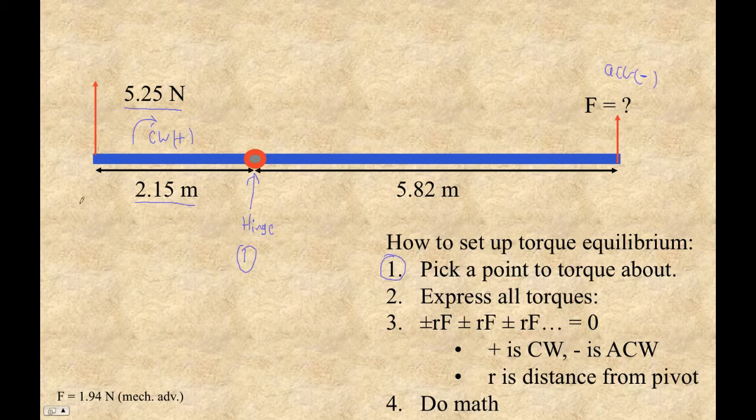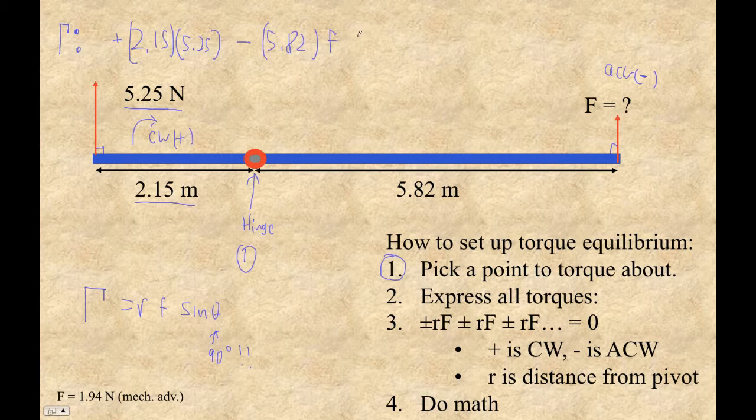So when we set this thing up, remember, torque is RF sine theta. These thetas are both 90 degrees, so the sine of 90 is 1, so we don't need to worry about the sine. So for our torque equilibrium, I'm going to say positive 2.15 times 5.25, and then I'm going to say minus 5.82 times F. This is R times F, and this F we don't know.